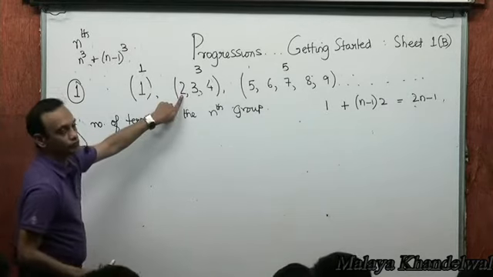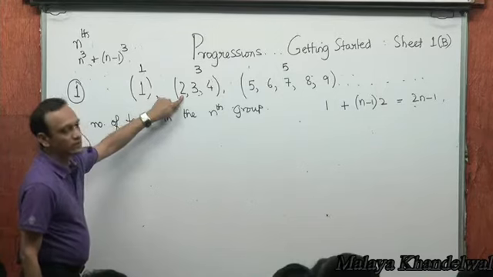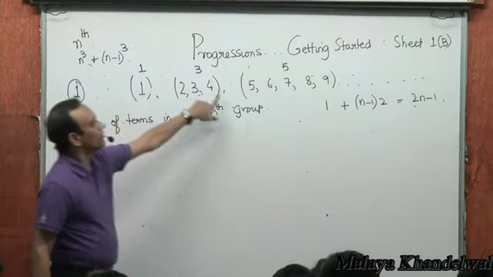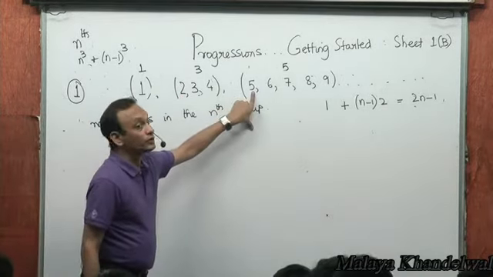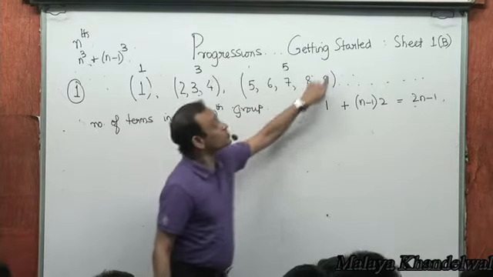Now, in the second group, the first term is 1 square plus 1. In the third group, it's 2 square plus 1. Fourth group, it's 3 square plus 1.